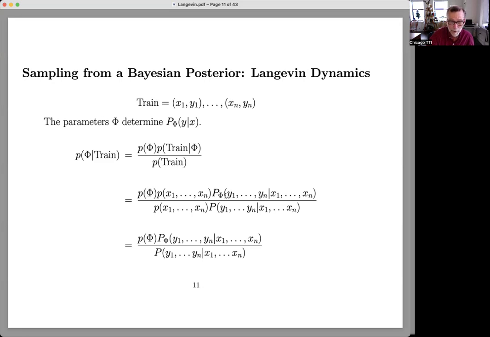So this is the probability of the model times the probability of the training data given the model, divided by the probability of the training data generally, independent of the model. So the probability of x cancels, and this is the prior probability over the model times the probability of y given the model, divided by the probability of y given the data.